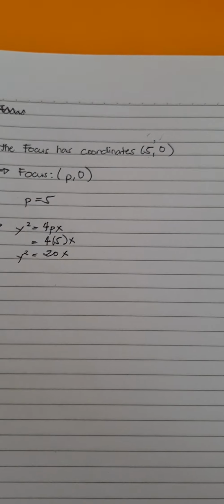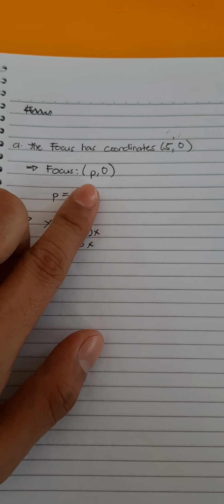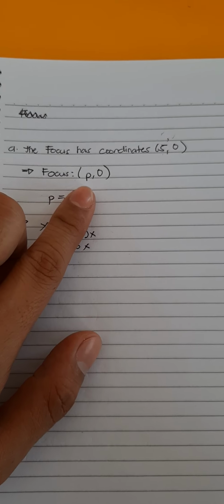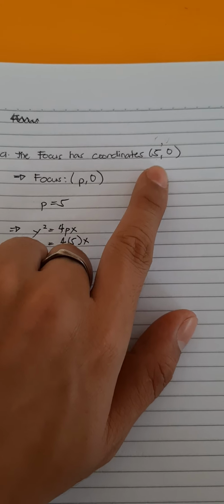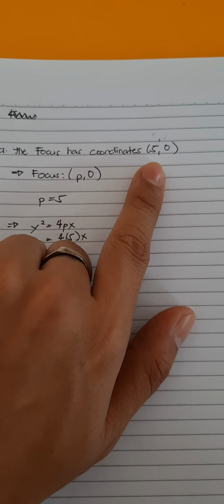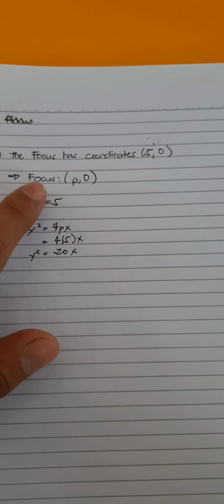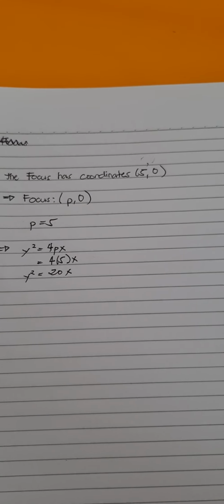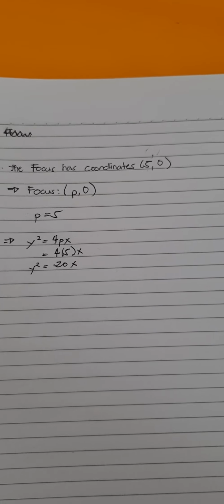So you have to go back to the characteristics of the parabola given to you before. You have to look at which column you can find the form of this focus. Since we have (5, 0), this form falls under the column of parabola with horizontal axis of symmetry.